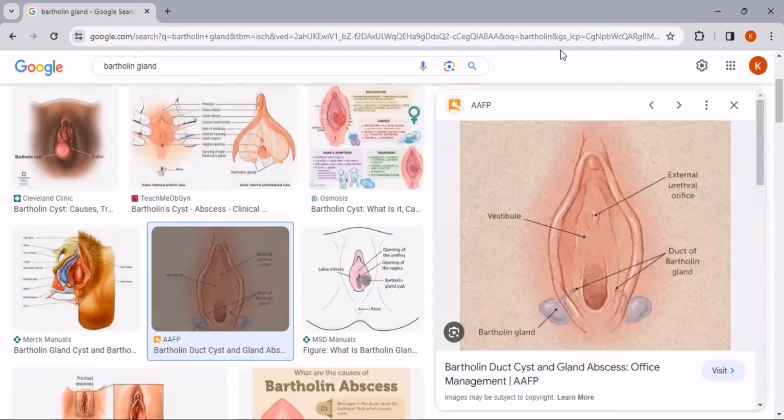So as you can see the vestibule I was talking about, right? So this is the Bartholin's gland, which can become a Bartholin's cyst when it becomes filled with fluid, and if it becomes infected, you form the Bartholin's abscess.